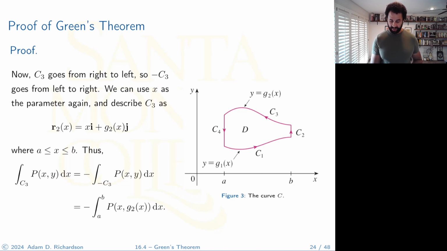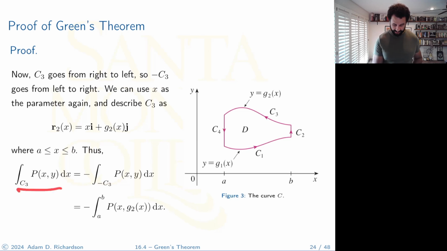And so we can describe this curve as x comma g2 of x, where x again goes between a and b. So now we can write the integral over C3 as the opposite of the integral over the oppositely oriented curve, and then simplify it just by plugging in our parameterization of C3.